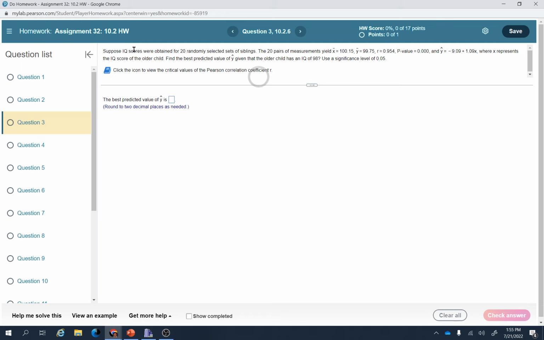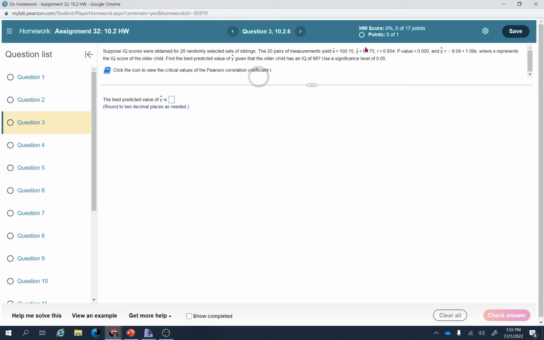Suppose IQ scores were obtained for 20 randomly selected sets of siblings. So there are 20 pairs of data, 20 pairs of measurements. X bar, the mean of the X values, is 100.15.